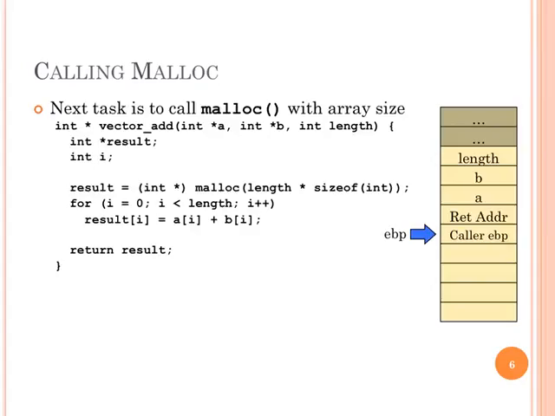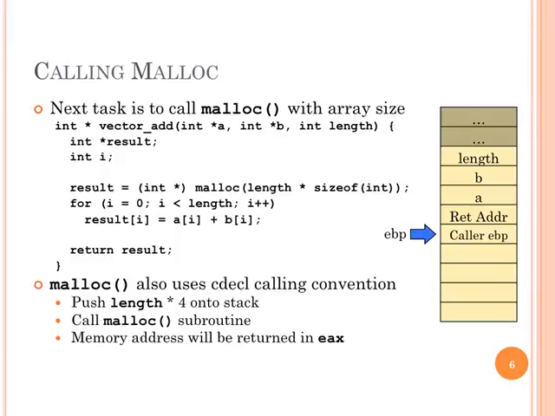Now we have to call malloc. Notice this is what the C code is: result equals int star malloc length times size of int. So malloc also follows Cdecl, so I know exactly how to invoke it. I need to push length times 4. Remember that sizeof is evaluated at compile time, and we know right off the bat the size of int is 4.